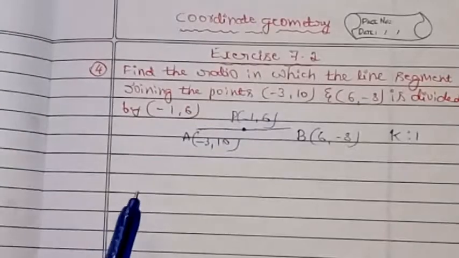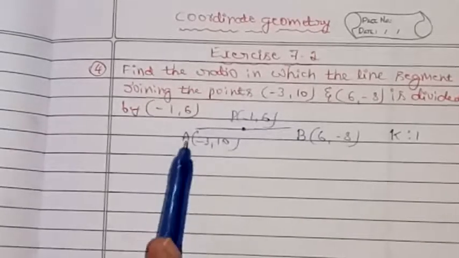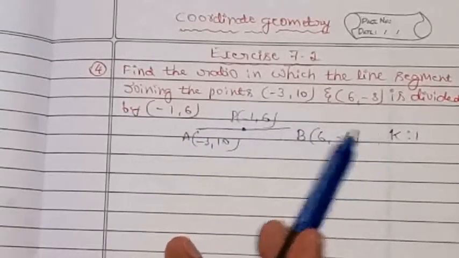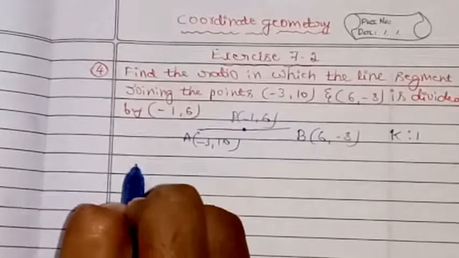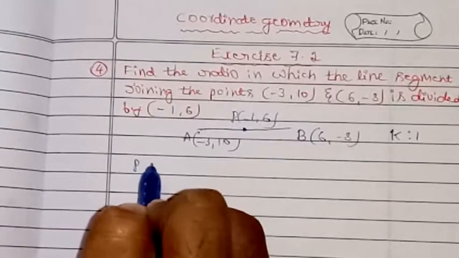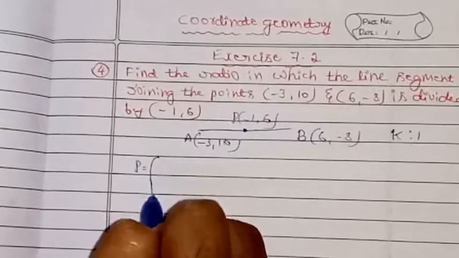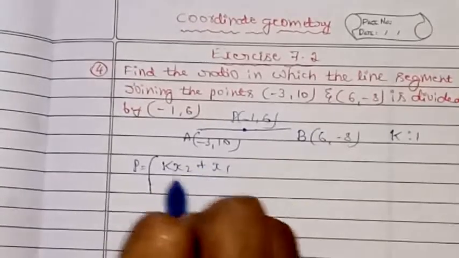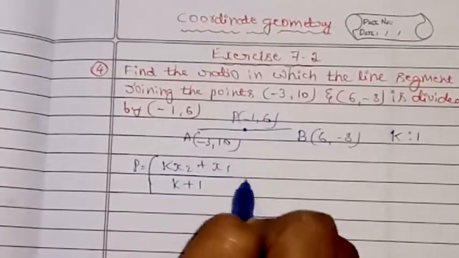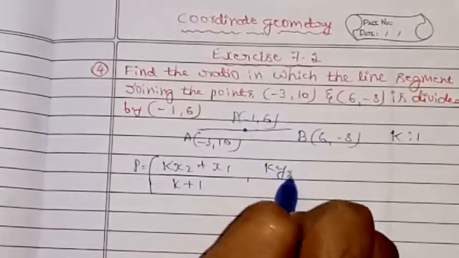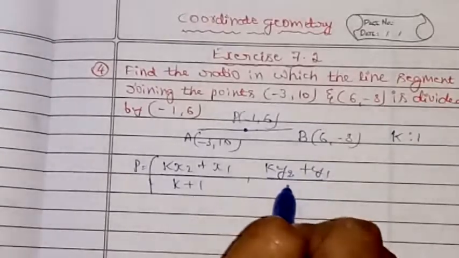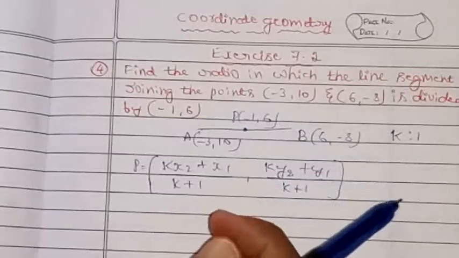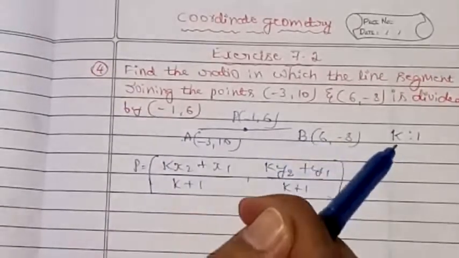The formula for a point dividing the line segment AB internally in the ratio k:1 is: P equals (kx2 plus x1) divided by (k plus 1), comma, (ky2 plus y1) divided by (k plus 1).